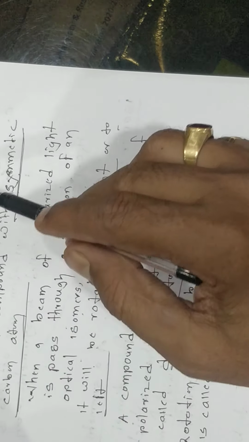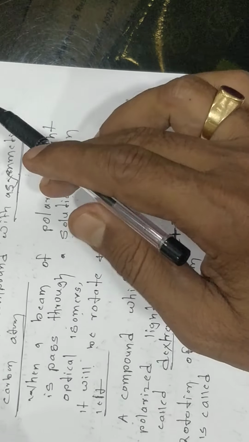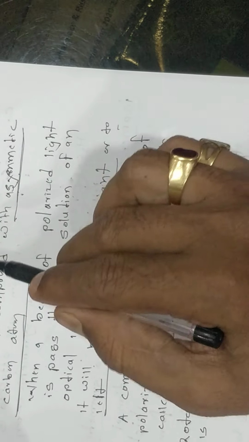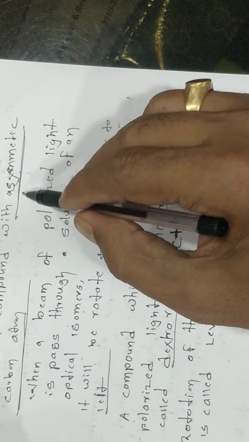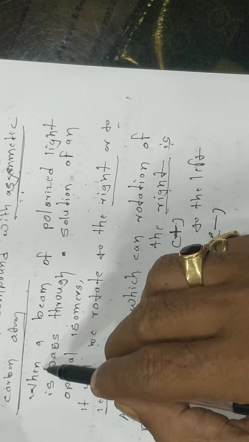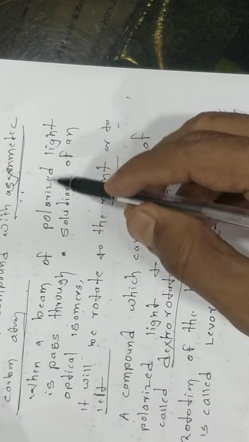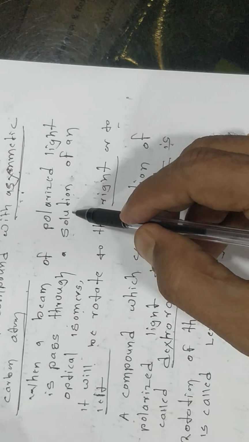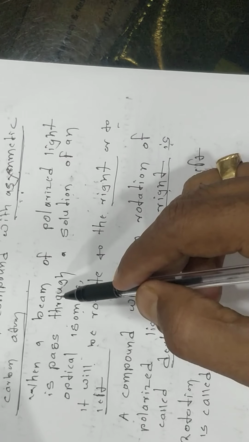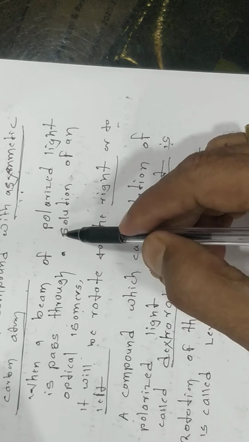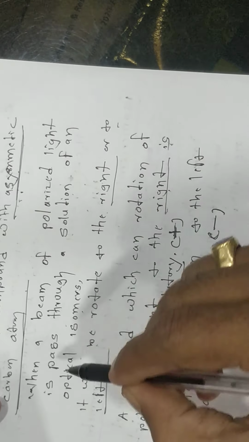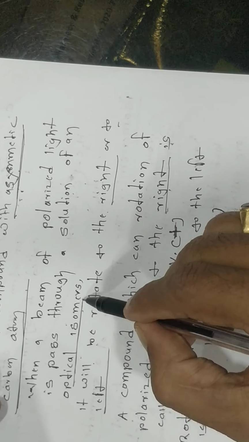The optical activity is a characteristic feature of a compound with an asymmetric carbon atom. For optical activity of sugar, it needs an asymmetric carbon atom, that is why it shows activity. Next, when the beam of polarized light passes through the solution, a sugar solution placed in the polarimeter in the long tube, and the light is passed in the polarimeter, this compound must show optical isomers.